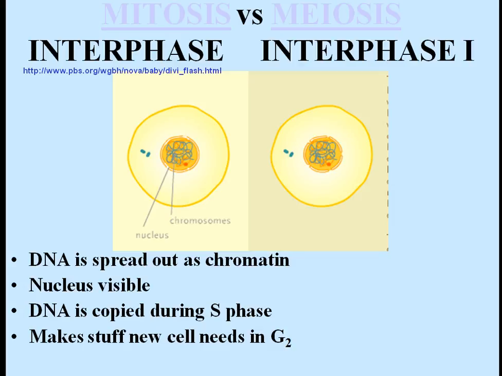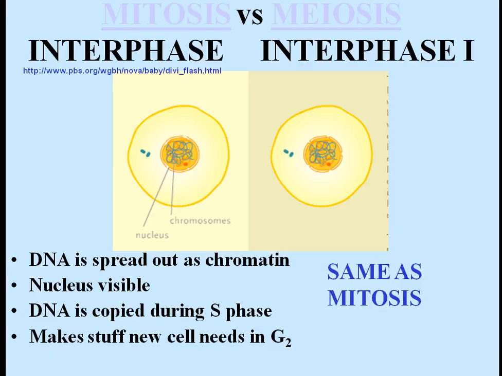Then during S phase, the DNA gets copied, and after that the cell goes into G2 phase, where we're making new stuff for the cell and growing and getting ready for cell division. So that's interphase of mitosis, and guess what? There is no difference in interphase 1 of meiosis.